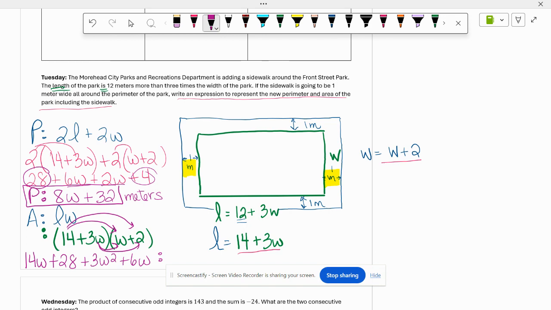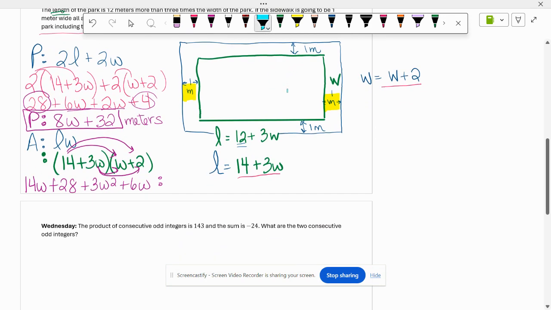Now, I want to make sure that I write this in standard form. So I'm going to put my 3W squared first. I'm going to combine my 14W and my positive 6W. That'll give me 20W.